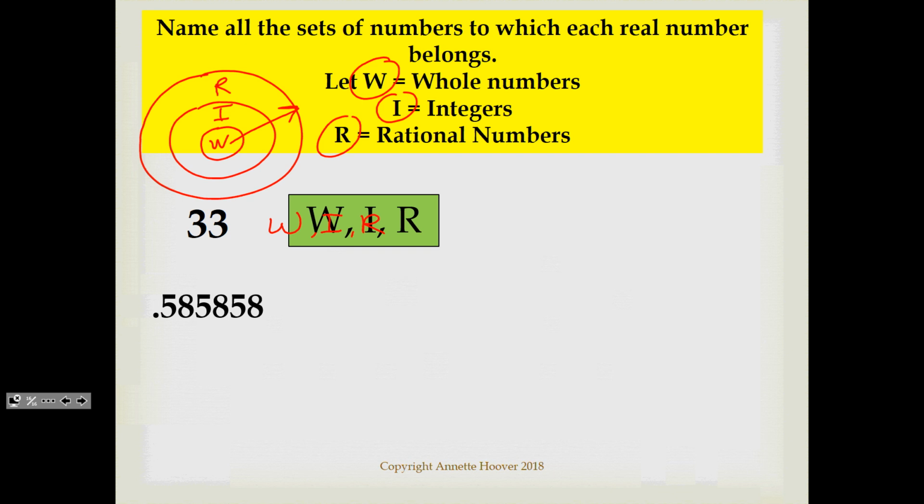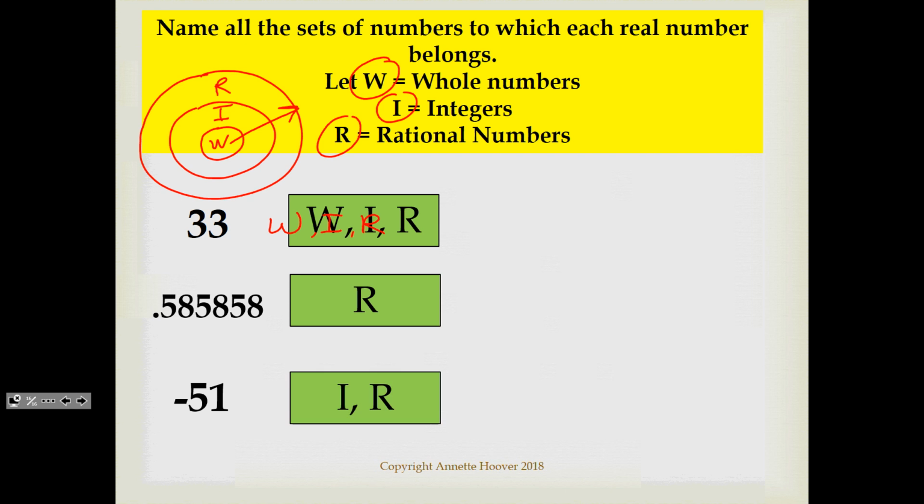If you look at this decimal, 0.585858, you can tell that the 58 is repeating. That means it's never going to terminate, so it's a rational number because it's a repeating decimal. -51 is an integer.